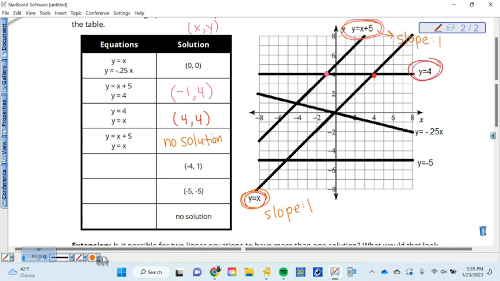Okay, now they give us the point and we got to come up with the equation. So -4, 1, that's right here. What two equations meet at this point? And what else? -0.25x. Good. What about -5, -5?